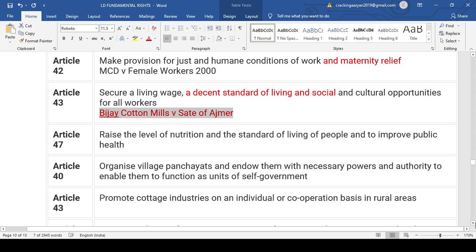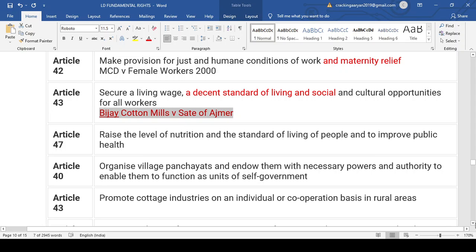Okay, when we have Article 19 Clause 1G, the Supreme Court in the Vijay Cotton Mills Limited versus State of Ajmer 1955 case held that the fixation of the minimum wage of the laborer by the legislature is in the interest of the general public, and therefore it is not violative of the freedom of trade, which is under Article 19 Clause 1G.